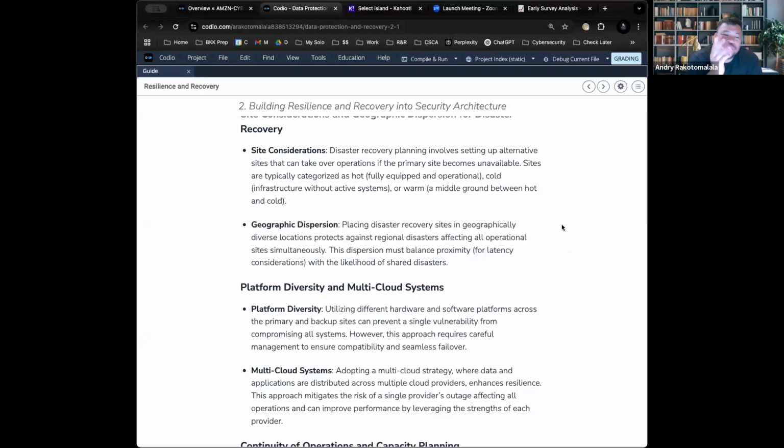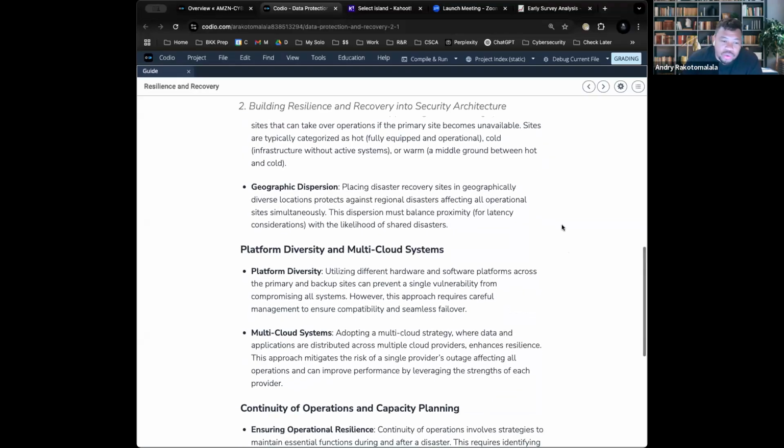All right, so those are the three different sites to consider. There's a hot site, warm site, and a cold site. Then there's also geographic dispersion. So what that means is not having one sole location, but having multiple locations potentially that are gapped. That's why sometimes you'll see some organizations have multiple buildings.